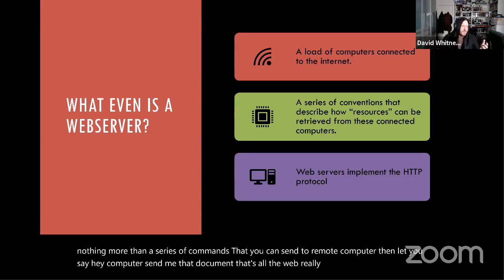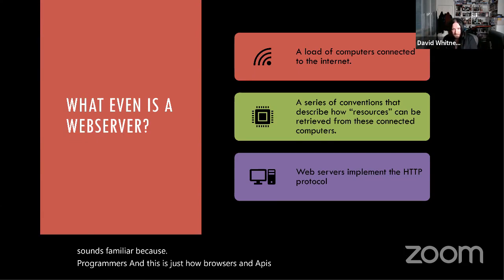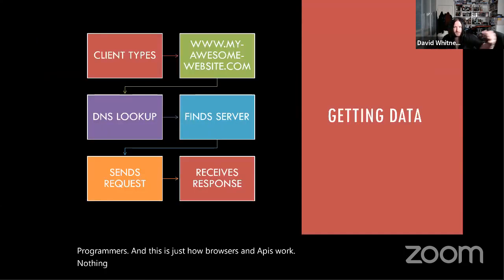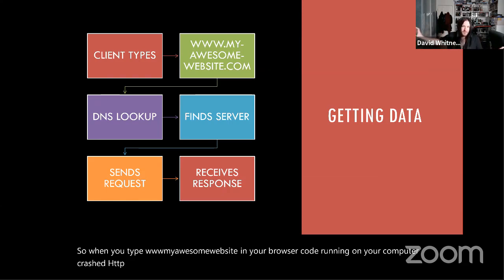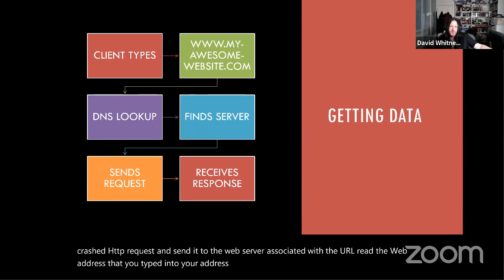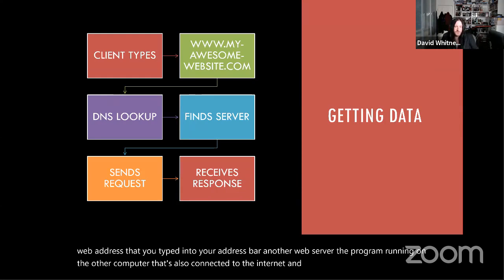It obviously sounds familiar because this audience is mostly programmers, and this is just how browsers and APIs work. Nothing controversial here. When you type my awesome website into your browser, the code running on your computer crafts an HTTP request and sends it to the web server associated with the URL, read the web address that you typed into your address bar. The web server, the program running on the other computer that's also connected to the internet, is listening for requests, and it just returns data when it receives them.